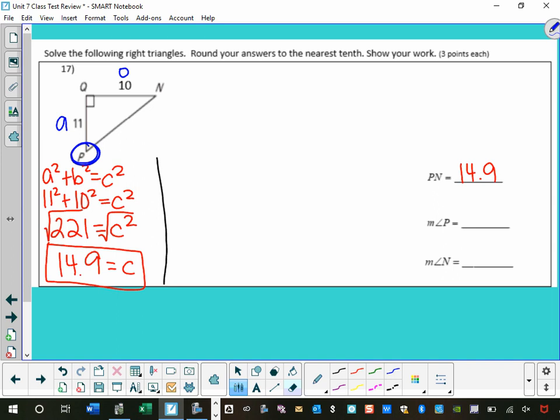Which trig function do I need for this? The last one, tangent. Tangent of P, because we don't know what that angle is, equals 10 over 11.